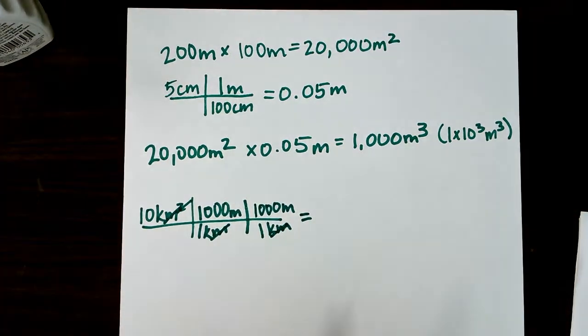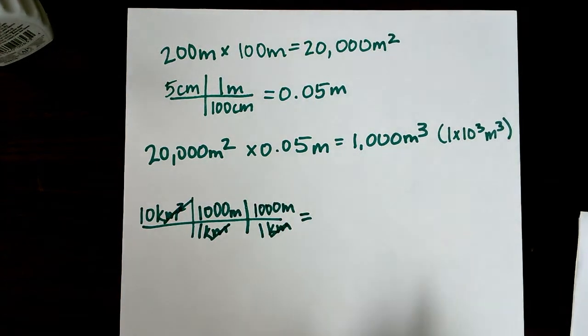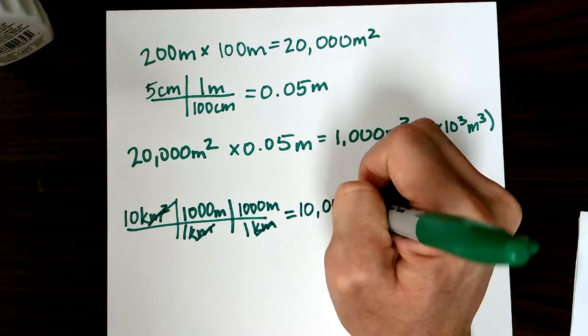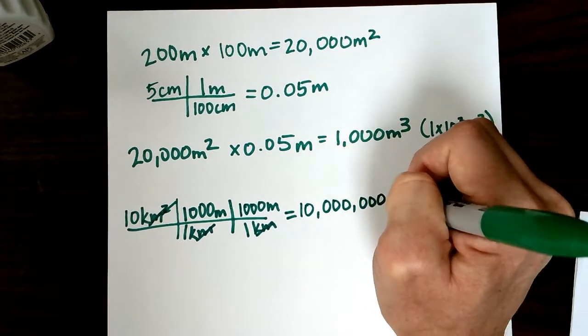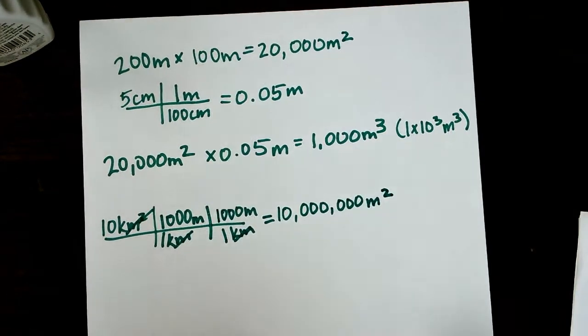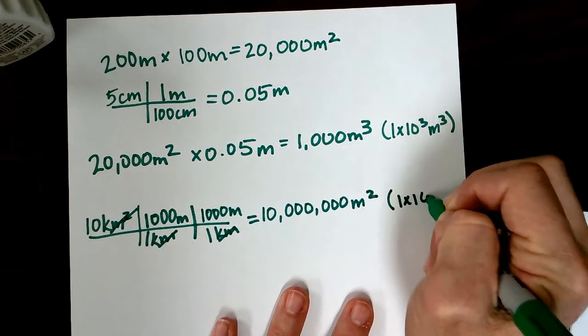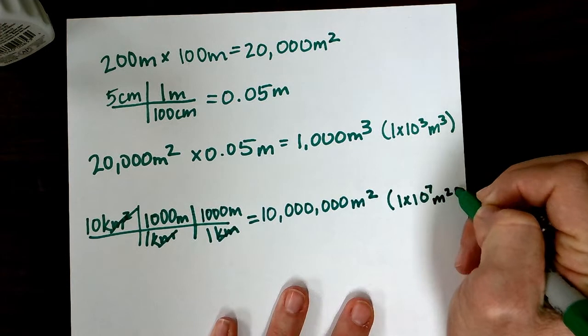And when I multiply those together, I will get meters squared for my unit, which makes sense because I'm converting area. So I get 10 million meters squared, or 1 times 10 to the 7th meters squared.